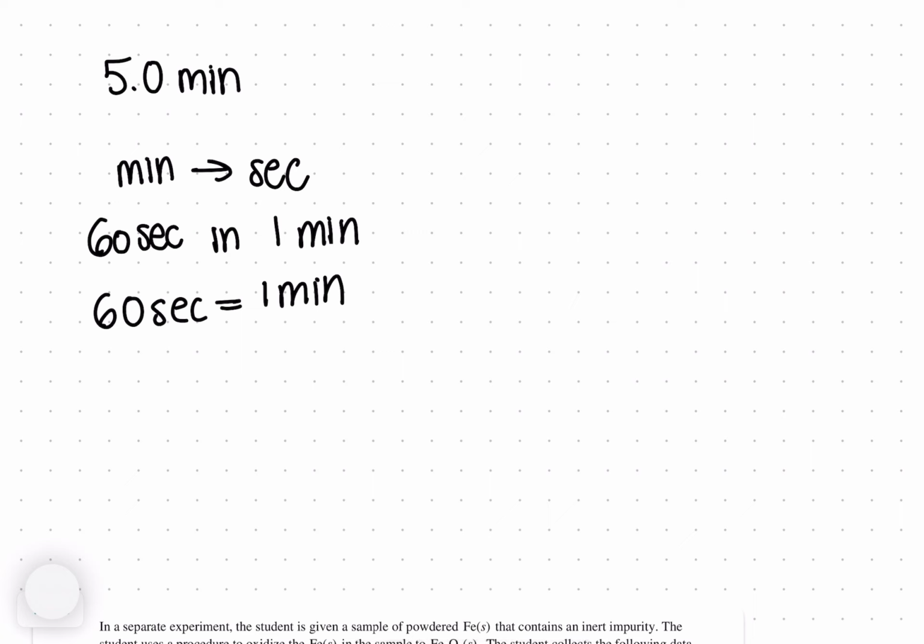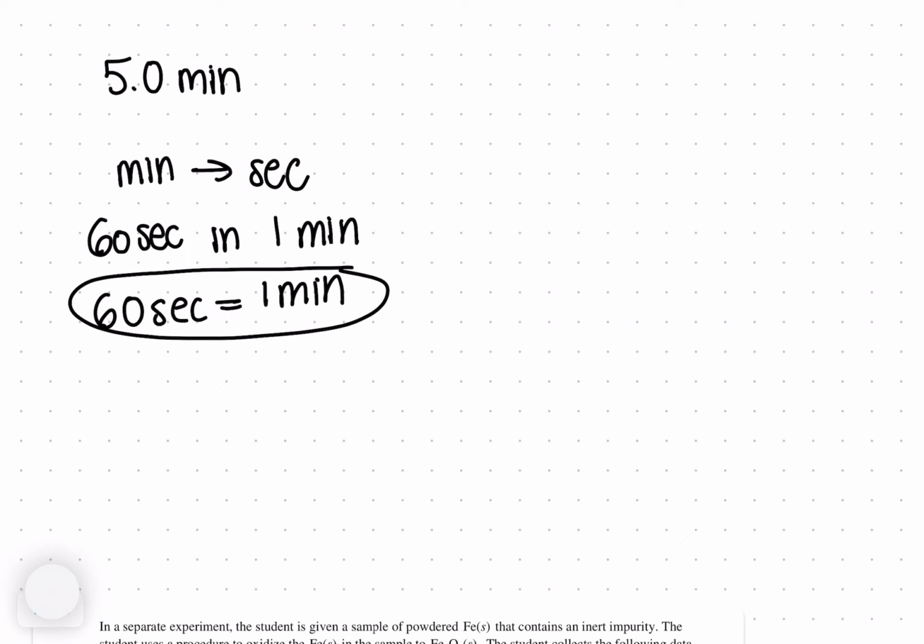So this is like an equivalent statement that we have, and we're going to be using this to convert our 5 minutes into seconds. So whenever you're doing a dimensional analysis problem, especially when you're first starting to learn the concept, it's really important to make these little equivalence statements so you understand how the two different units relate to each other.